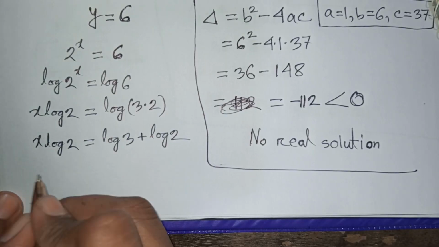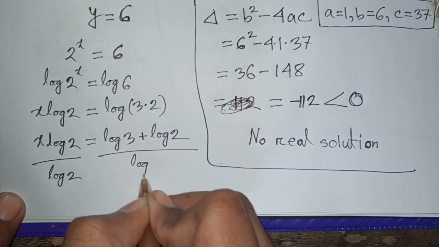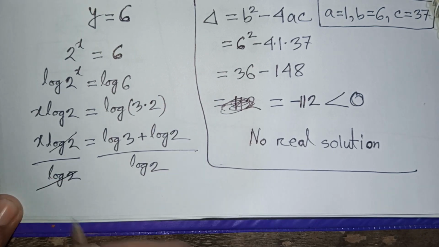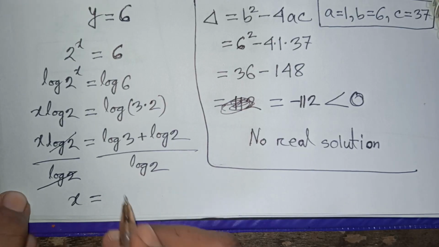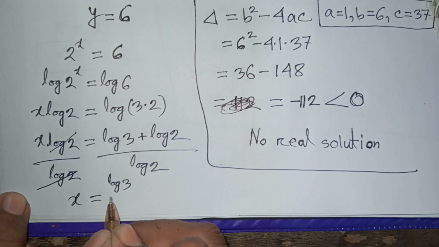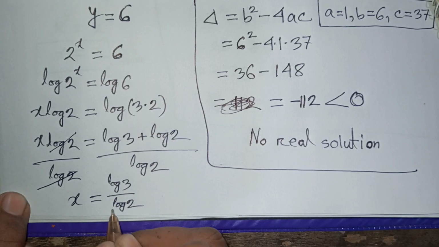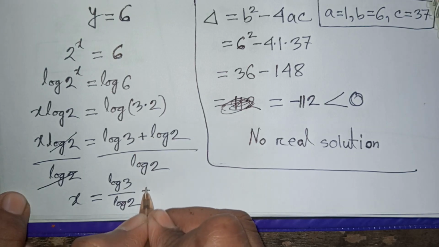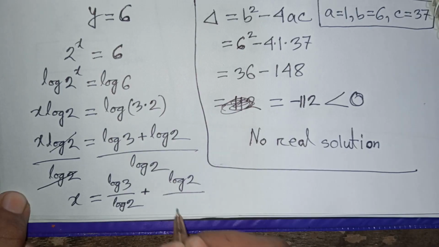Now we need the value of x, so we divide by log 2 on both sides. So this log 2 will be cancelled. So x will be equal to log 3 over log 2 plus log 2 over log 2.